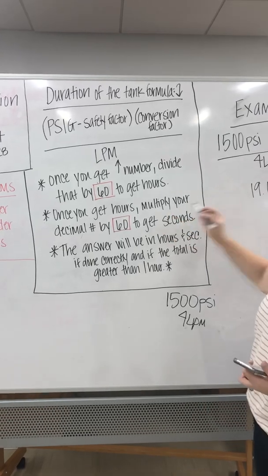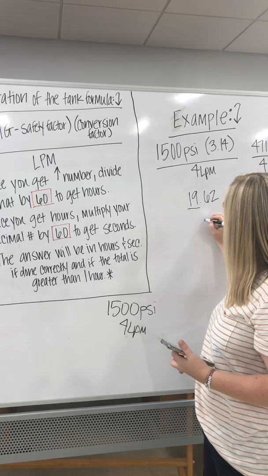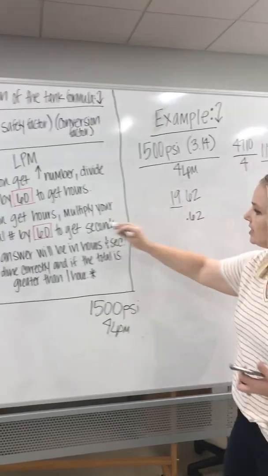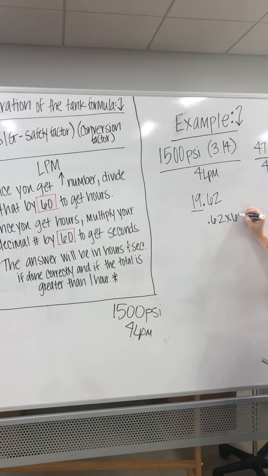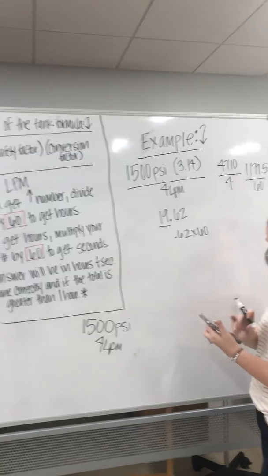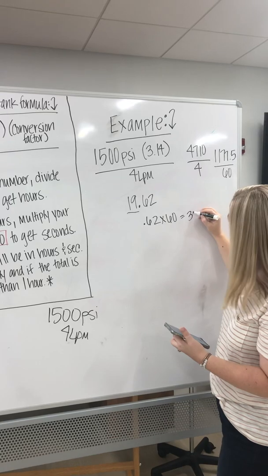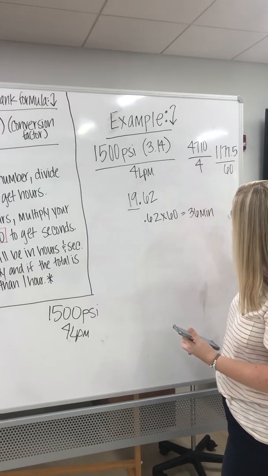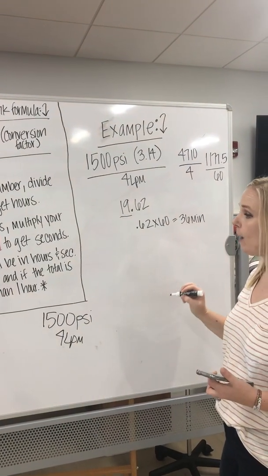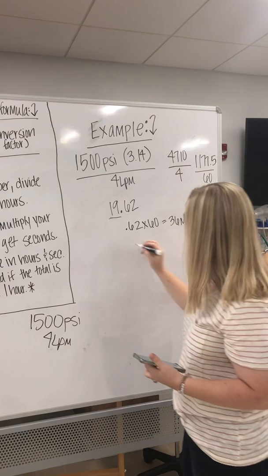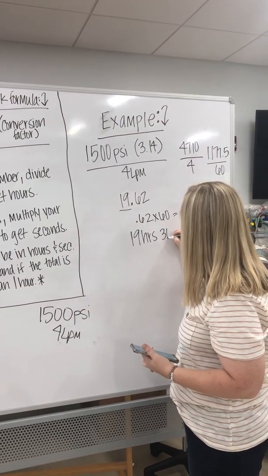Once you've gotten your hours, you're going to take your decimal, 0.62, and you're going to times it by 60 to get your minutes. Now, the answer, unless it's less than an hour, will be in hours and minutes if it's done correctly. So your answer should be 19 hours and 36 minutes.